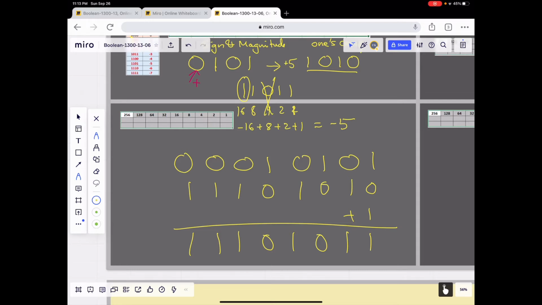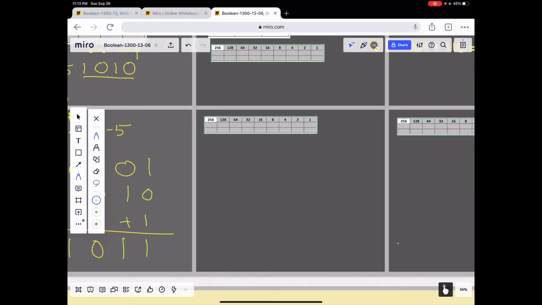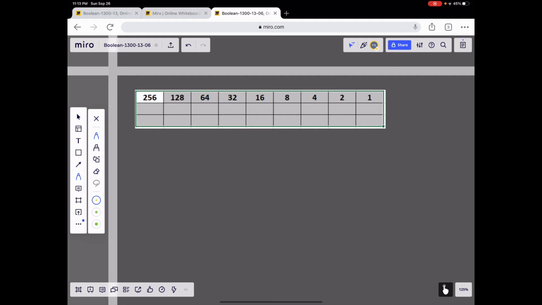So make sure to change each 0 to 1 and each 1 to 0, and then add 1 at the end. So let's find the twos complement representation of the decimal number negative 25 using 8-bit words.